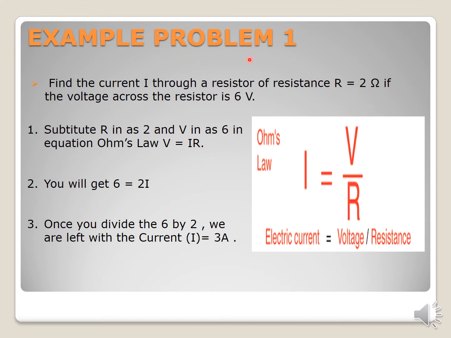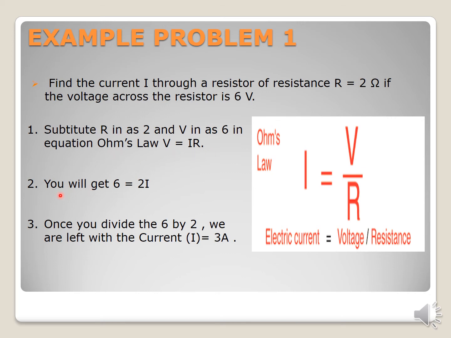Example problem 1, Ohm's law. Find the current I through a resistor of resistance R equal to 2 ohm if the voltage across the resistor is 6 volt. The first step is to substitute R as 2 and V as 6 in the Ohm's law equation V equal to IR.